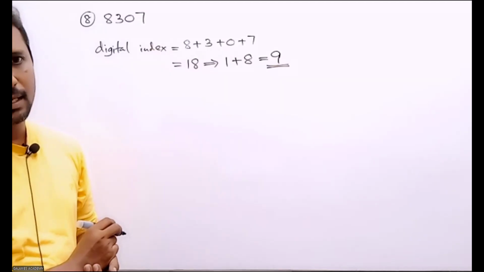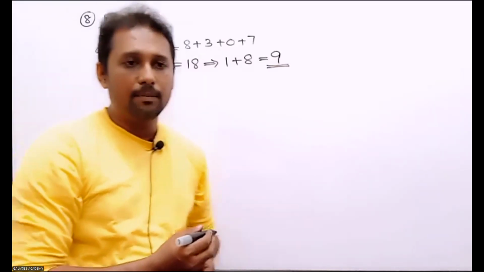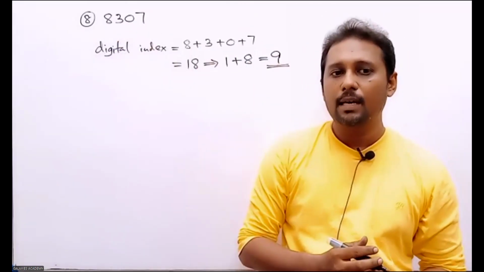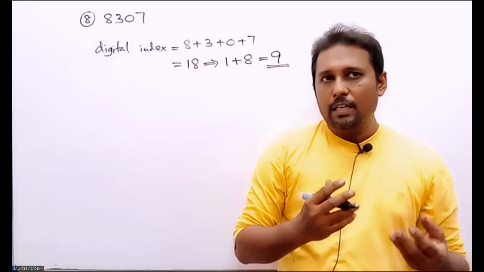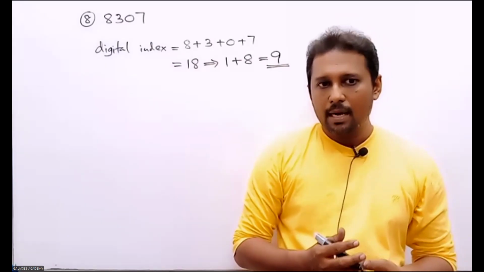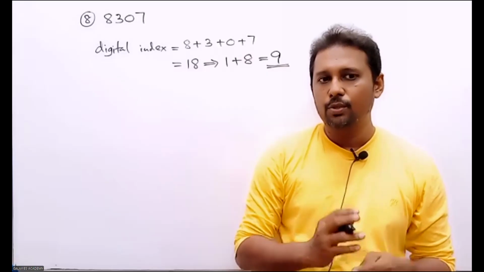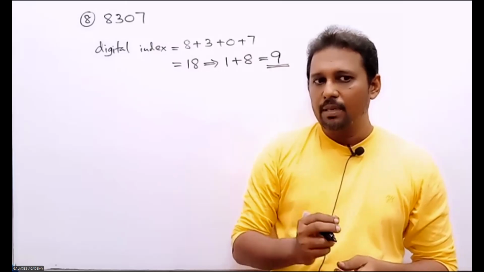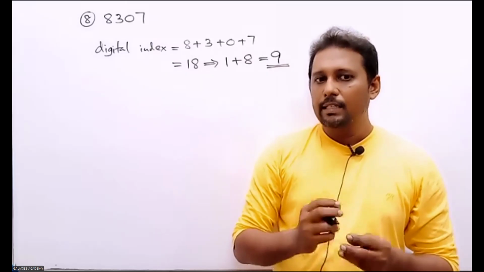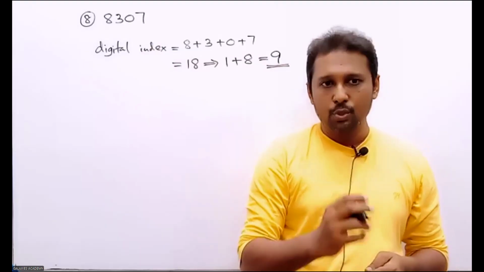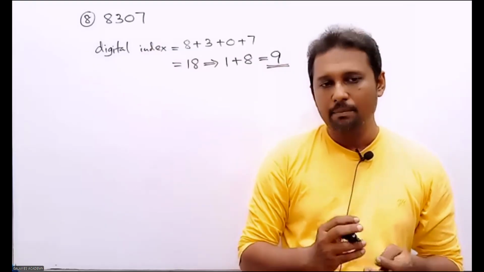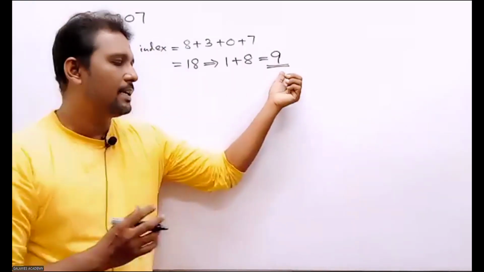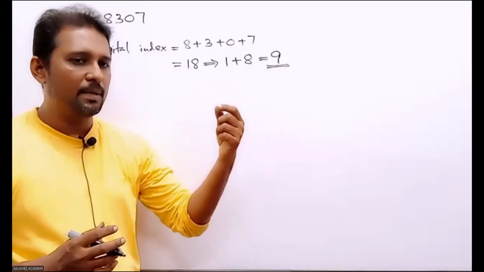Then you have to determine whether this value is divisible by 9 or not. If the number is divisible by 9, its digital index should be divisible by 9. That means the digital index should be 9. Now look at this, the digital index is 9. 9 is divisible by 9.